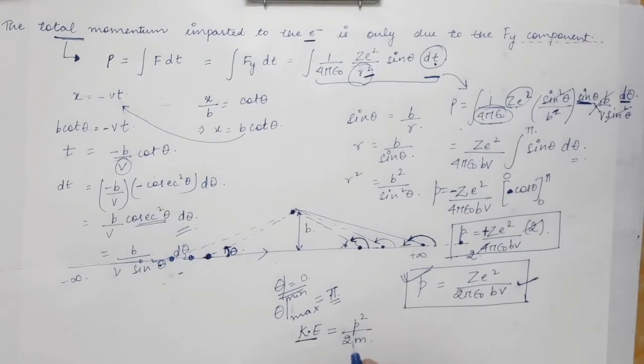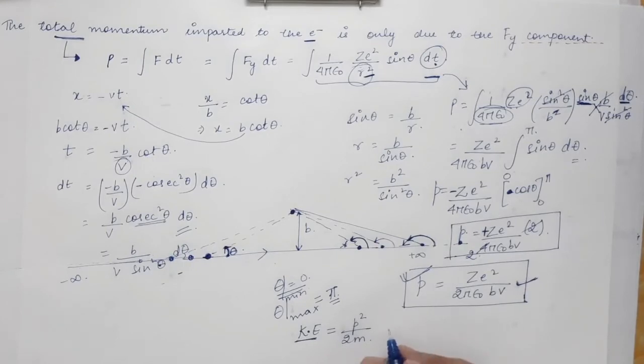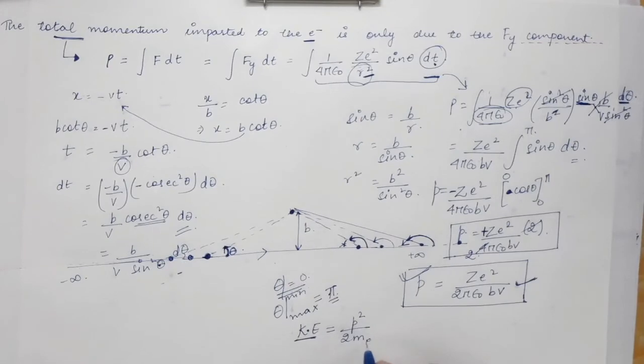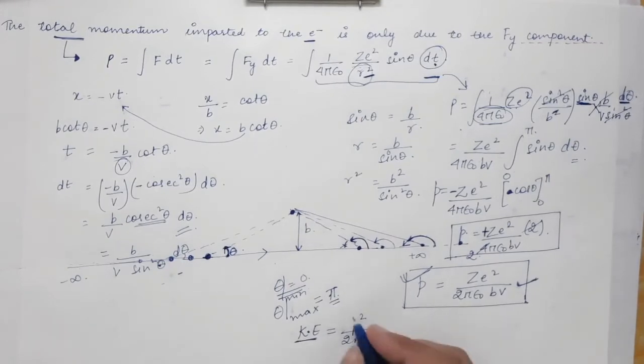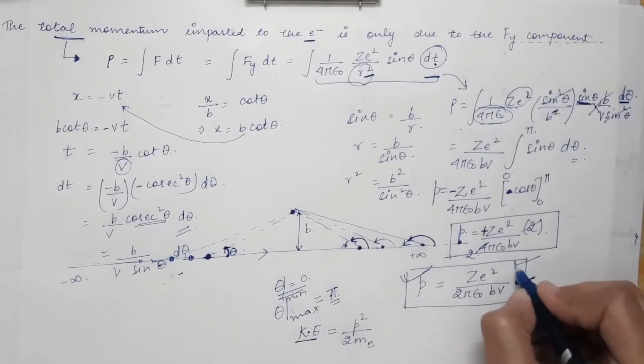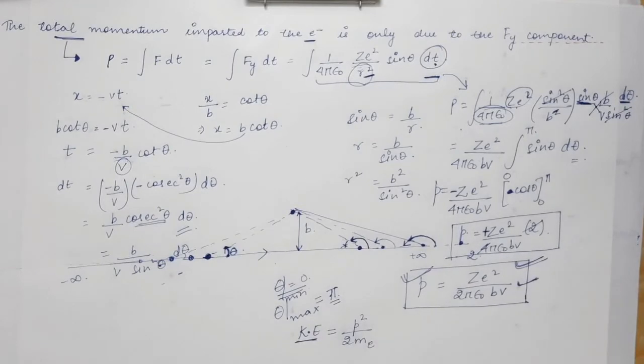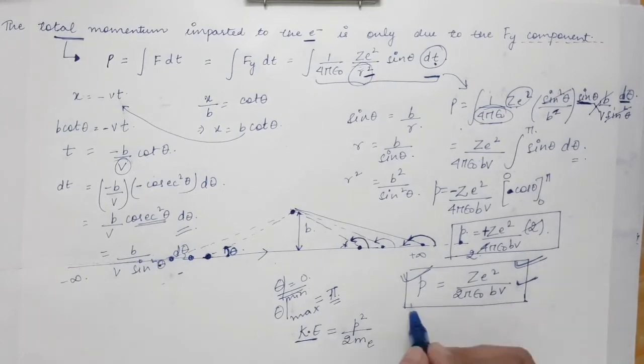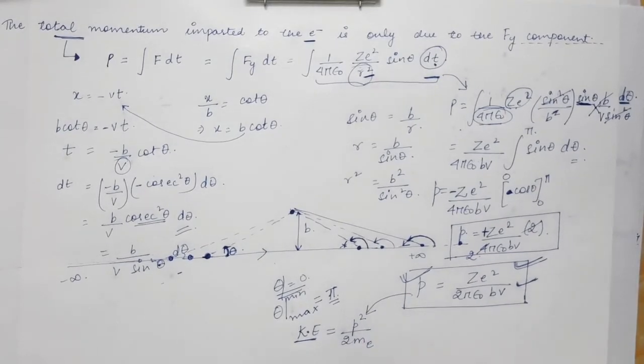Here we are talking about the energy given to the electron, so the kinetic energy of the electron will be p square divided by 2me. And p over here is nothing but the momentum imparted to the orbital electron by the heavy charged particle. So you insert this expression of momentum in the expression of kinetic energy.